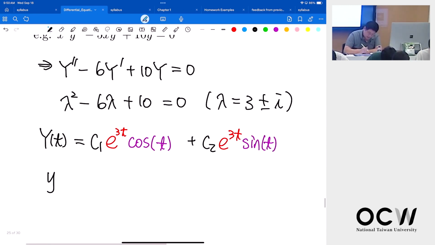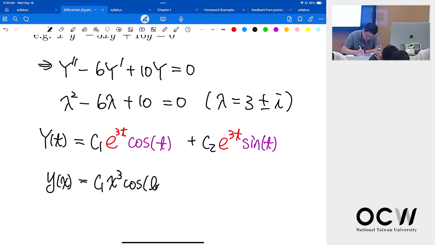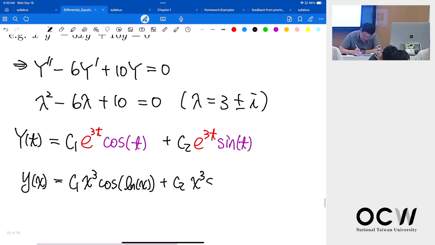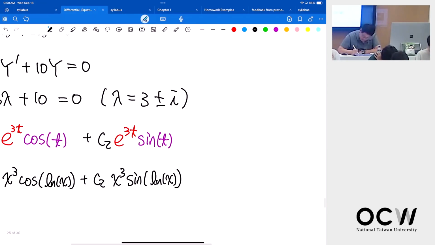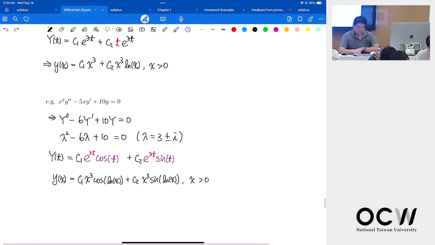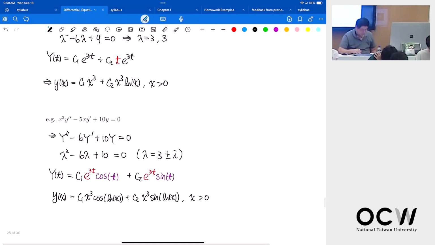And then your y of x is c1 x cubed cosine natural log of x, and c2 x cubed sine natural log of x.